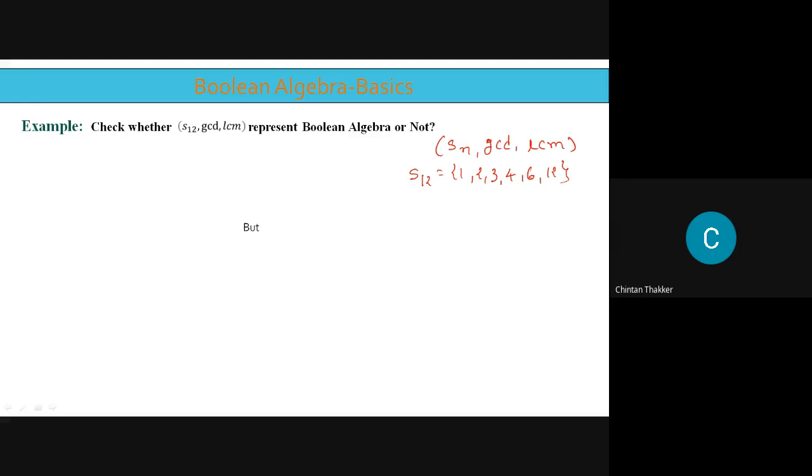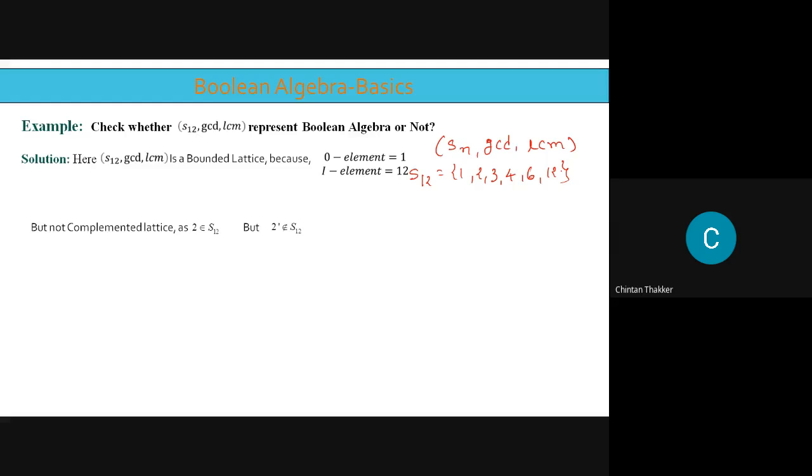So in this, not all elements have a complement. Therefore S12, in the exam you do not need to write all the properties, directly show that here we have 0 element as 1, I element as 12, and 2 belongs to S12 but 2 dash does not belong to S12.